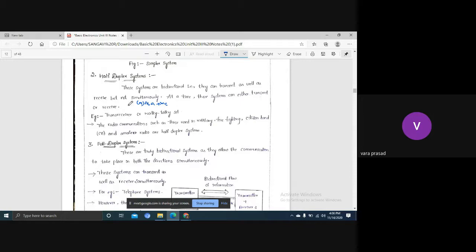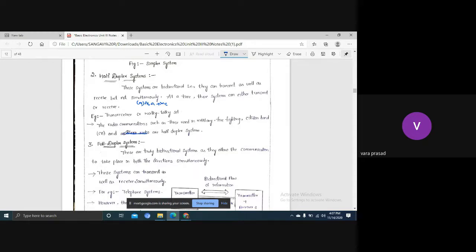For example, radio communication such as that used in military, firefighting, citizen band CB, and amateur radio are half duplex systems.